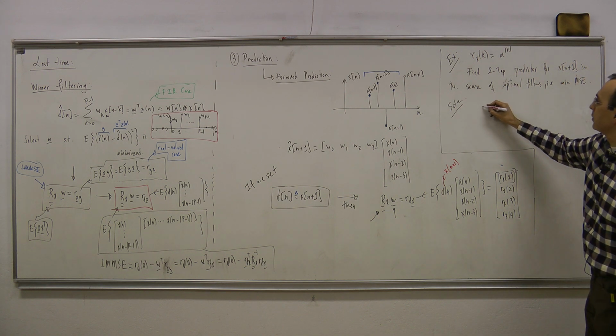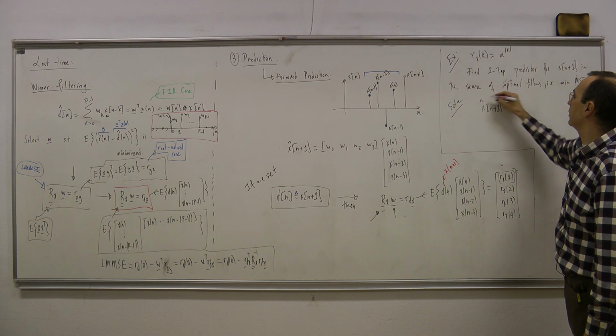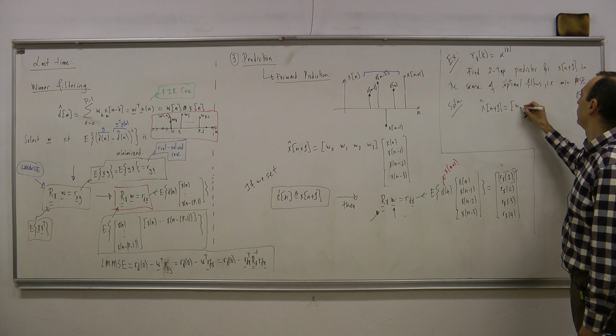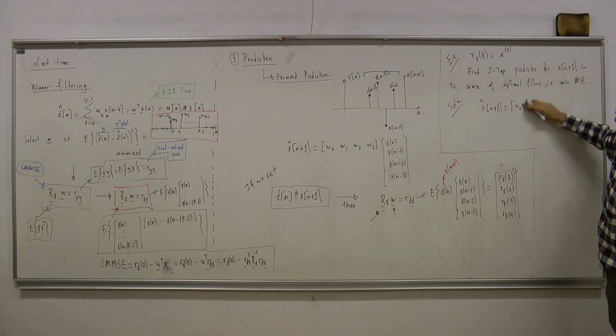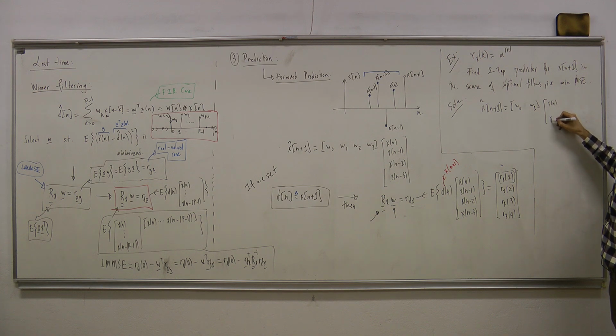Now let me write this. x hat of n plus 1, let me write this explicitly, is equal to W0 x of n plus W1 x of n minus 1.